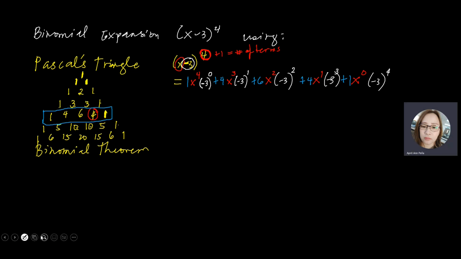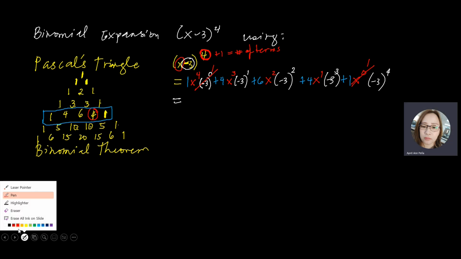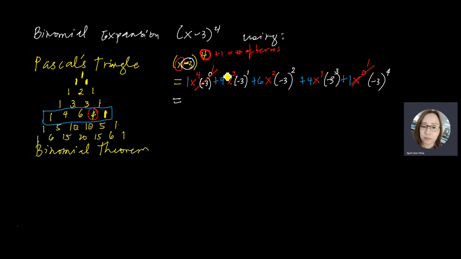Next, you continue the solution. All variables with the exponent of 0 will automatically become 1. Then just simplify. How are you going to simplify it? You start with this.